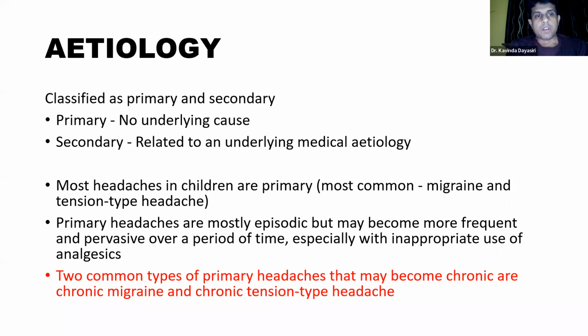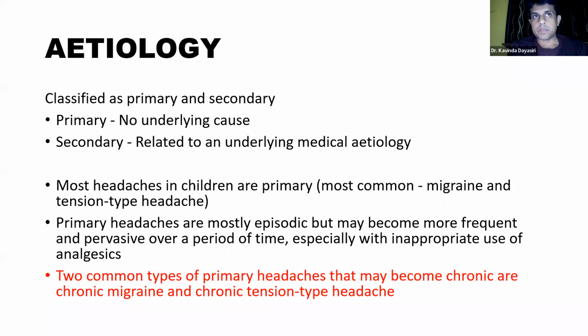So if you look at the etiology of chronic headache, it can be classified as primary and secondary. You call it primary chronic headache when you can't identify an underlying cause, for example migraine, tension type headaches, and cluster headaches.